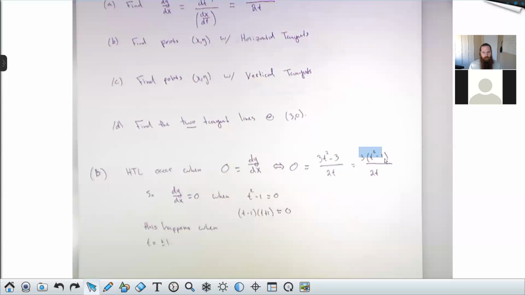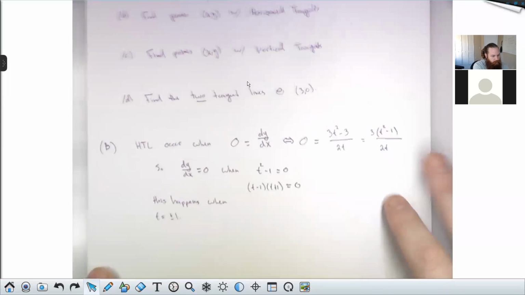So here I factor the top and set it to 0. I get these 2 times, plus and minus 1. Those are not points. They're not even x values. They're t values. And since I want points, x comma y with horizontal tangents, I need to plug these t values back in.